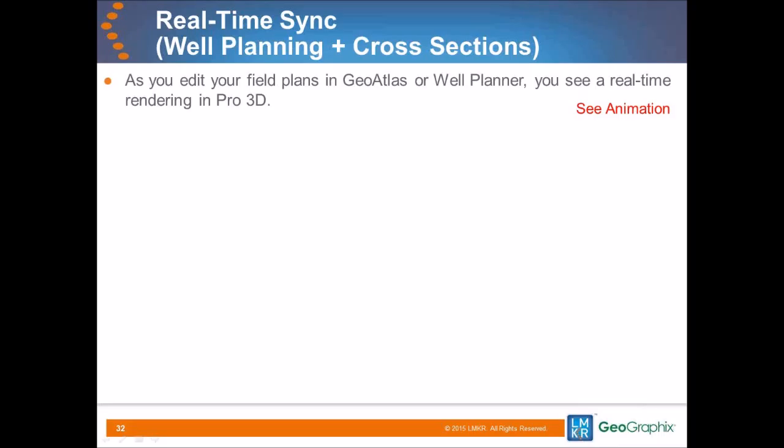The 3D environment, as I mentioned before, is integrated with the well and field planning tools. So for instance, if you were to move a target location in the well planning view, that target location would automatically be changed within the 3D model, and the wellbore trajectory within the 3D model will be updated accordingly.